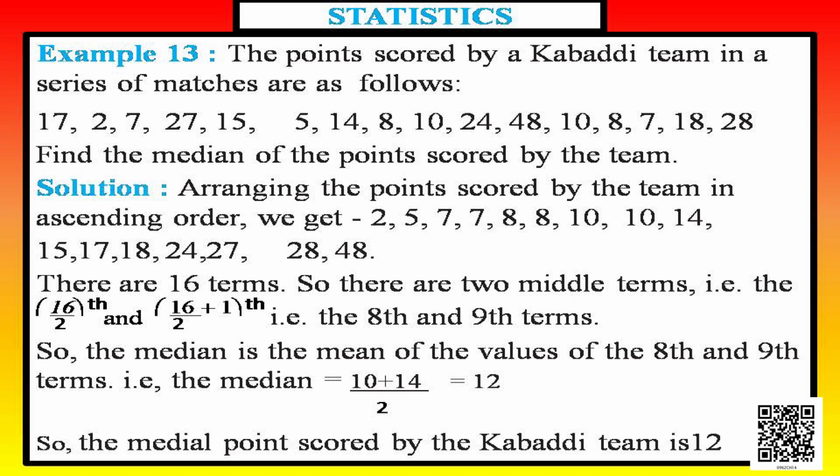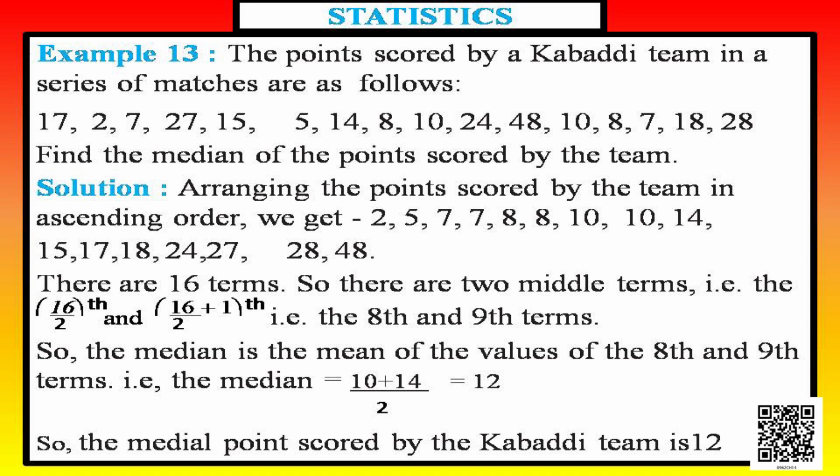Arranging the points scored by the team in ascending order, we have now 2, 5, 7, 7, 8, 8, 10, 10, 14, 15, 17, 18, 24, 27, 28 and 48. There are 16 terms. So, there are 2 middle terms, that is the 16 by 2th and the (16 by 2 plus 1)th term, that is the 8th and 9th terms.